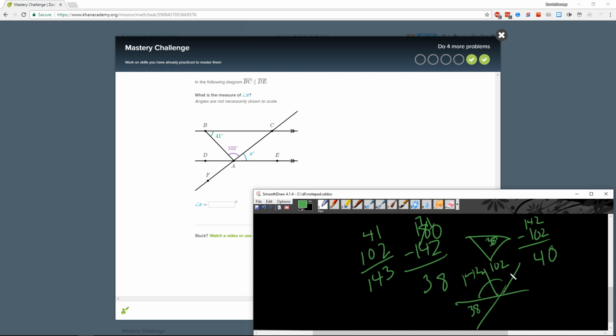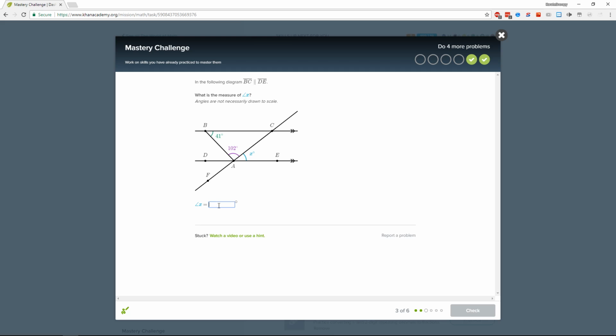Actually, sorry, I don't think it matters. So 142, and then we want to find this one. So that's 180 minus 142, which is 38. Yeah, I think it's opposite. Inside corners are the same. So 38. No?